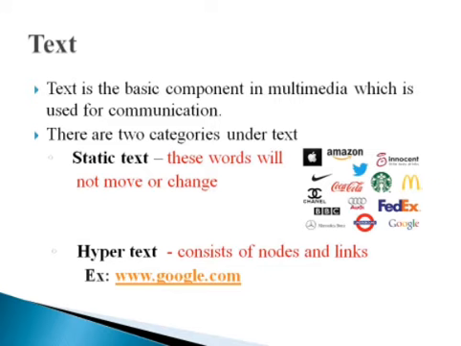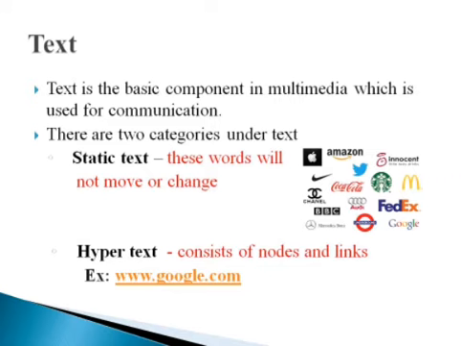Under this we have two categories. One is static text and the other one is hypertext. You already know what a static page and a hyperpage are. Static means stable. See the right side picture. We have created many logos: Amazon, Innocent, Coca-Cola, Audi, FedEx, Google.